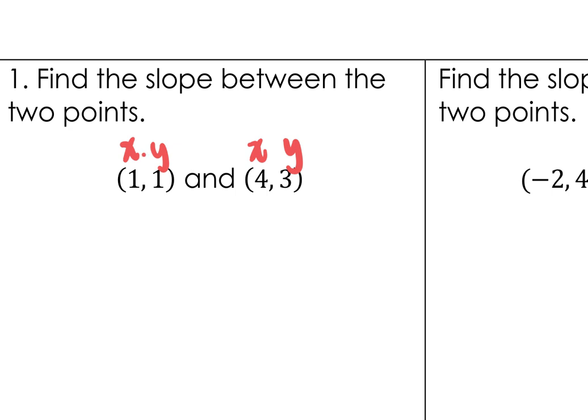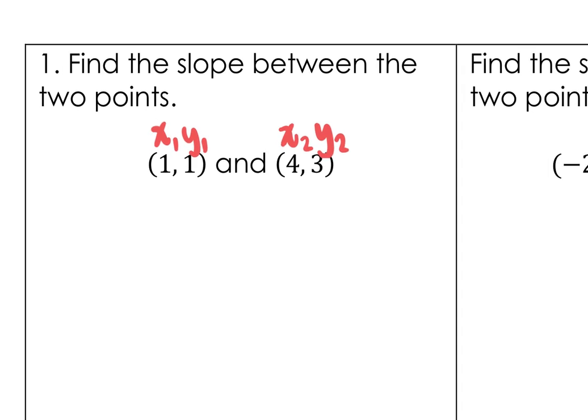And then I can just say this is point 1 and this is point 2. So then my slope formula, m, equals y2 minus y1 over x2 minus x1.